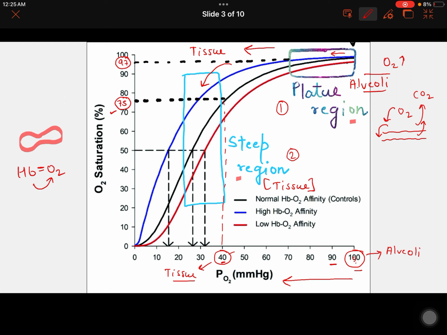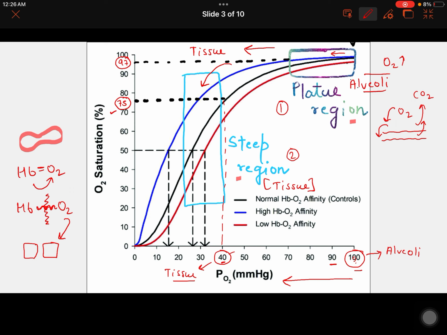If there is a very loose connection between the two, the oxygen can detach very easily, and if it detaches, it can be transported and given to the tissues, right?